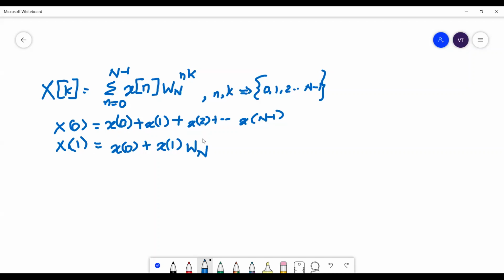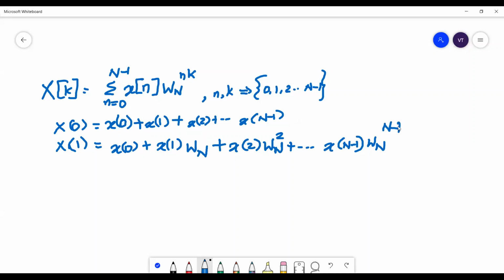So x of 1 into W_N, plus x of 2 into W_N raised to 2, plus etc. up to x of N minus 1 into W_N raised to N minus 1.